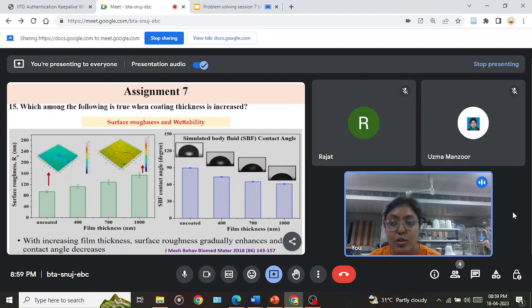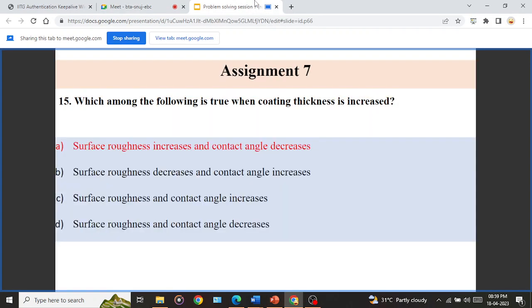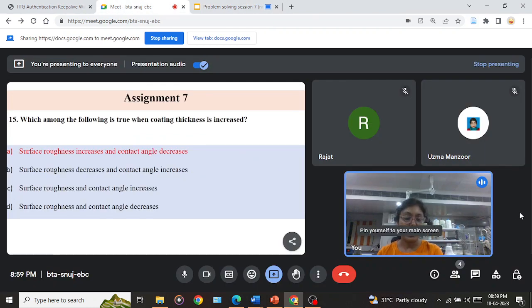So when the coating thickness of any surface coating is increased, the surface roughness gradually enhances and the contact angle decreases. Hence, the correct answer for this question is option A, that is, surface roughness increases and the contact angle decreases when the coating thickness is increased. Is it understandable? Did you get the question as well as the answer?